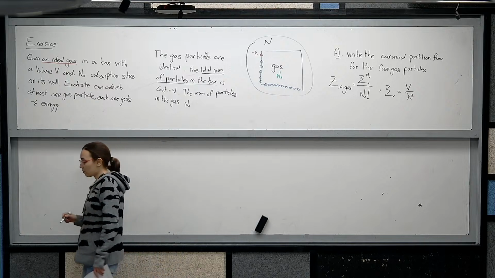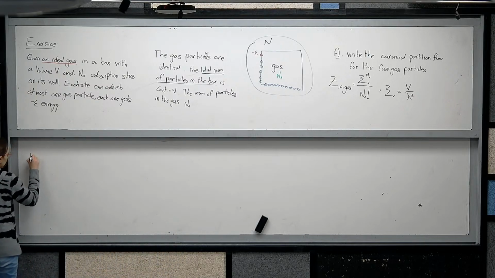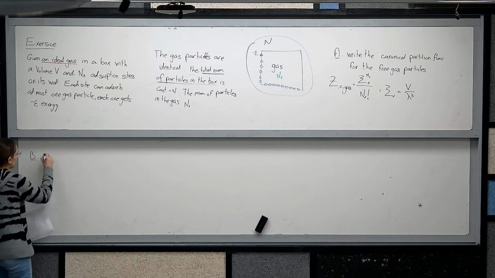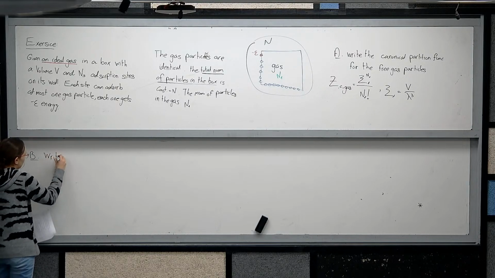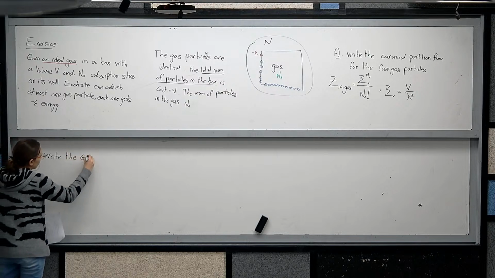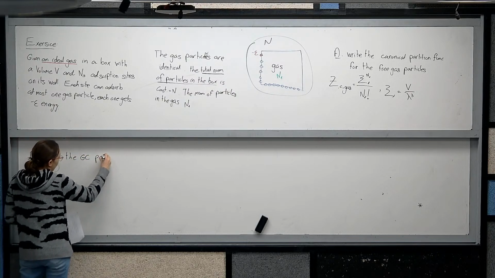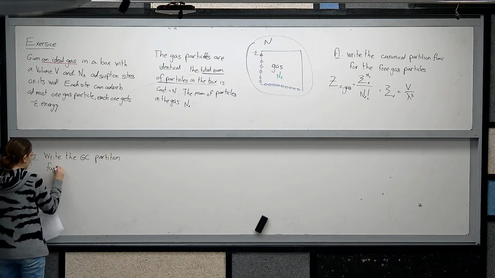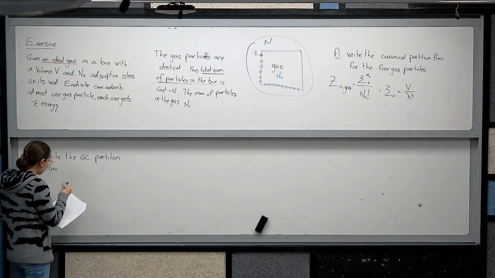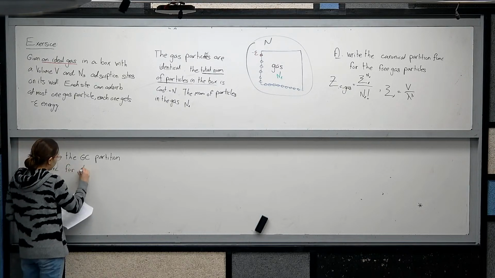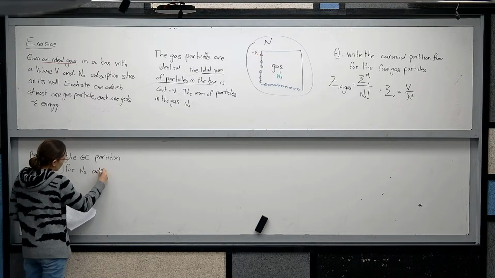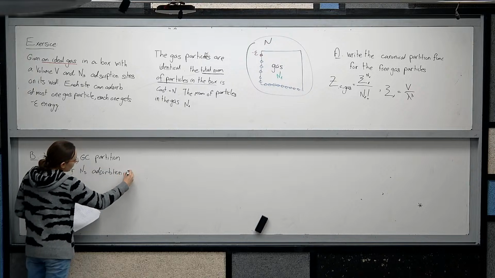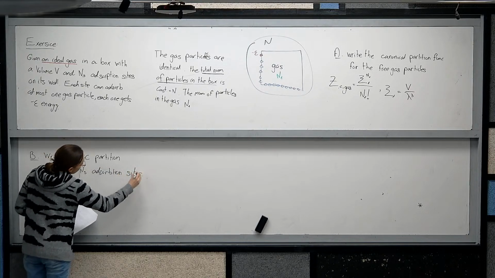So now we move on to section B. Now we want to write the grand canonical partition function for the NS adsorption sites.